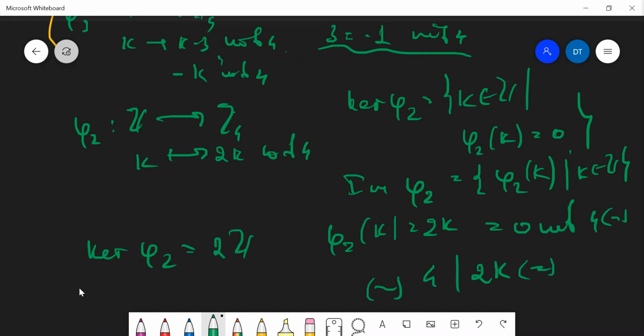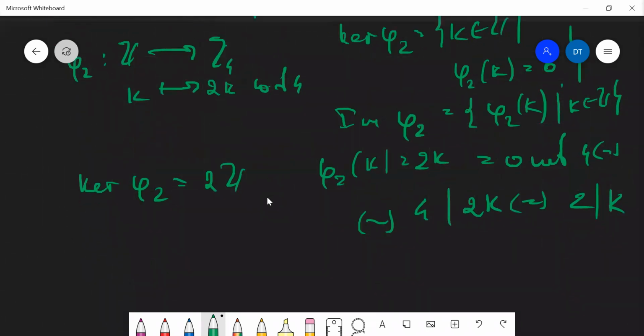But this is if and only if 2 divides k. So that's why k must be even.